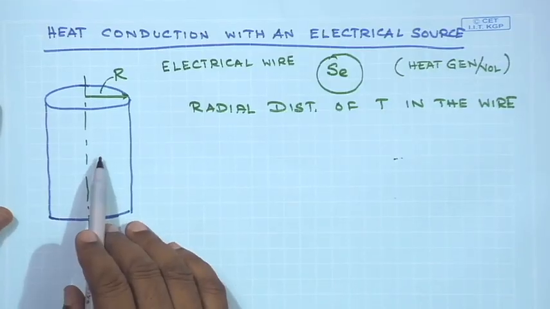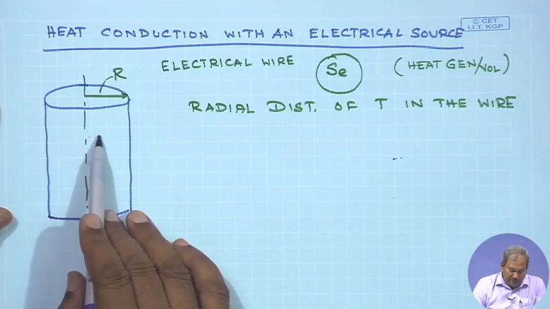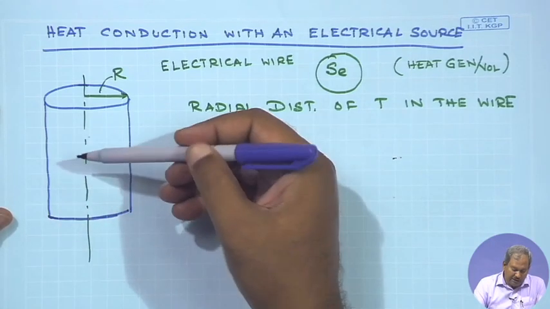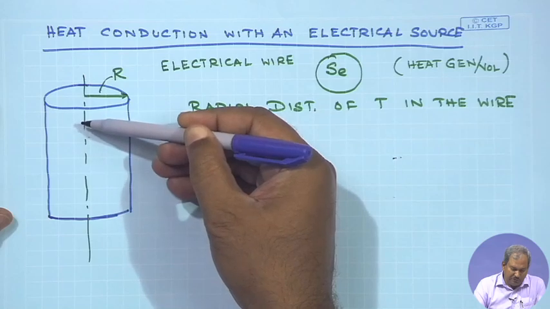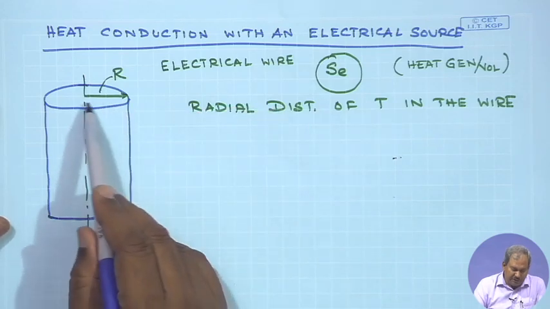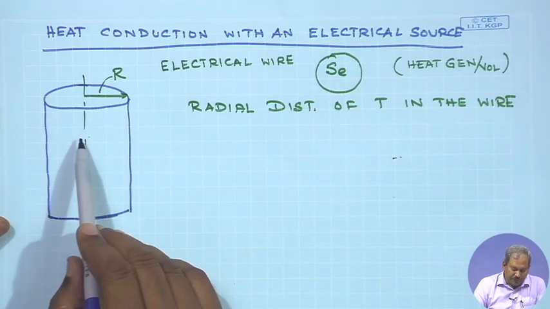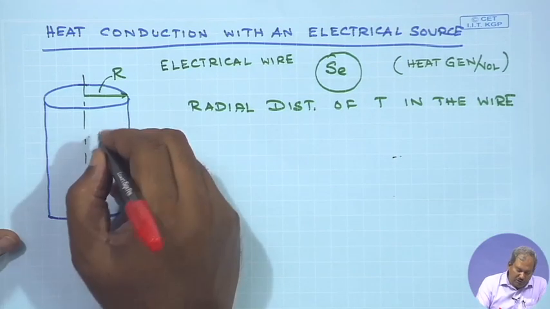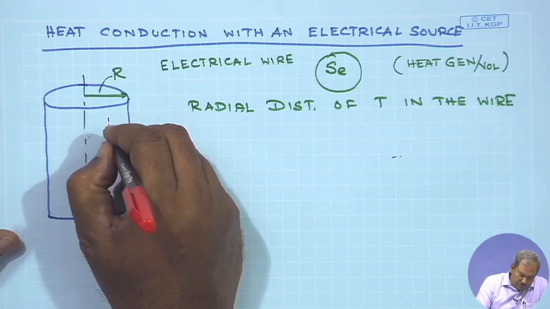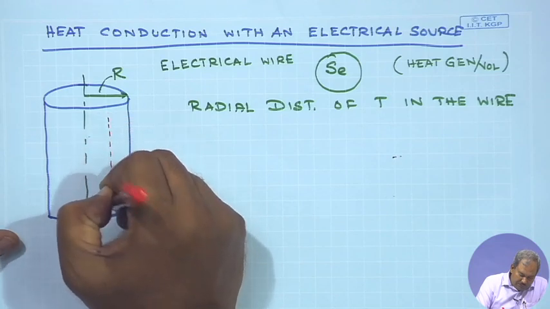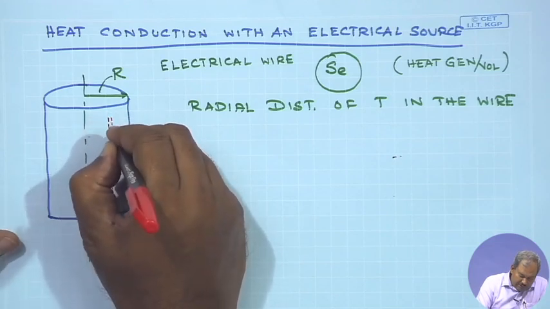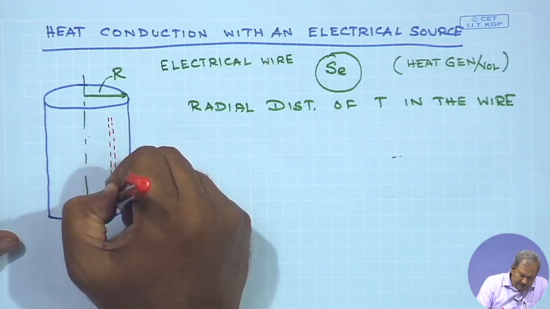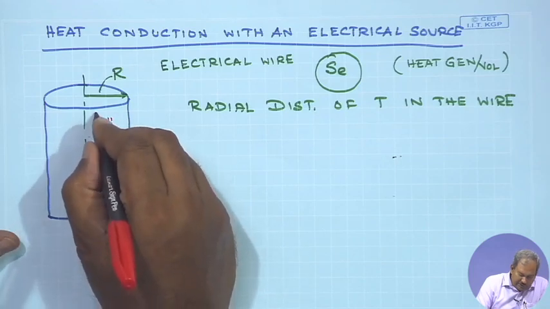So, if you consider the problem at hand, temperature will obviously change with R, temperature will not be a function of Z, and temperature is definitely not going to be a function of theta. So, since the temperature is changing with R, my choice of the control volume should have a thickness which we can call delta R.